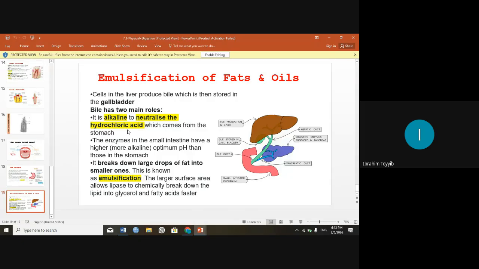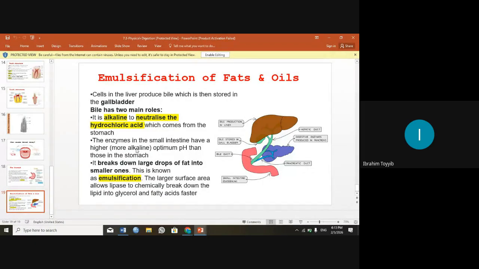But when it wants to go to the duodenum of the small intestine, it has to be alkaline. That's when the bile will be released into the duodenum of the small intestine, because the bile contains an alkaline medium. It will make the condition suitable for those enzymes to function, because if there's too much acidity, the enzyme can be denatured.